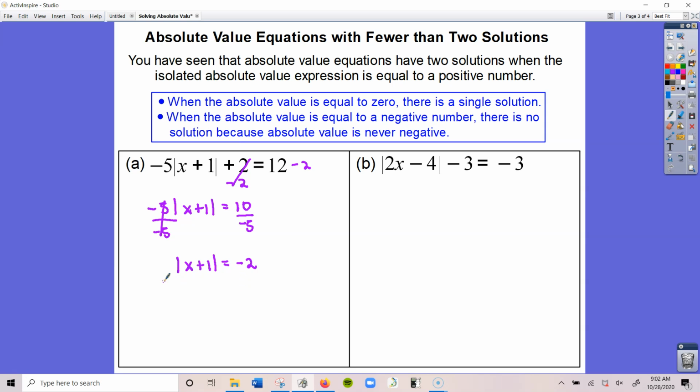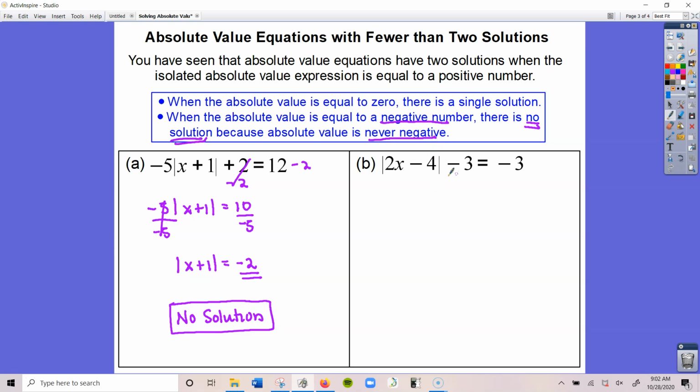But here I have that my absolute value is equal to a negative number. This means that there is no solution. So if you get to this point where you isolate it and you have a negative number, there is no solution because absolute value is never negative.